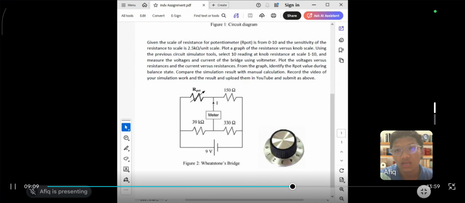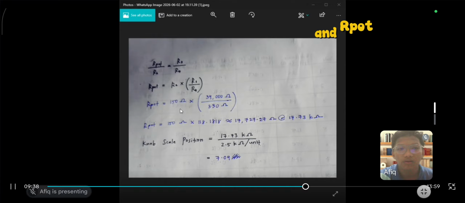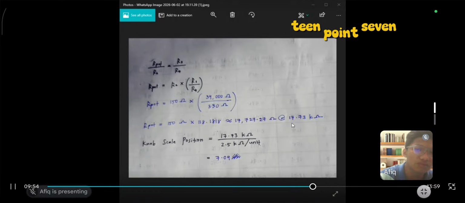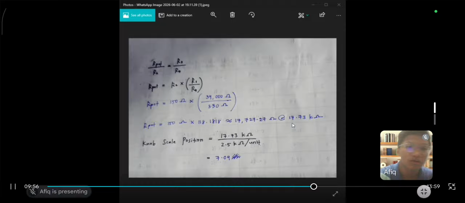So R port equals R2 multiplied by R3 divided by R4. For R2, which is 150, R3 39,000 ohm, and R4 330 ohm, the answer for R port is 70.73 kilo ohm.